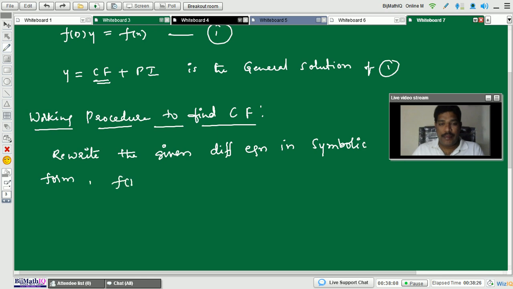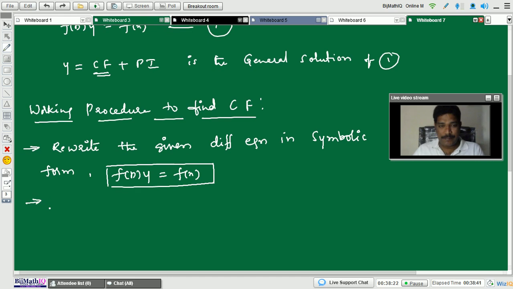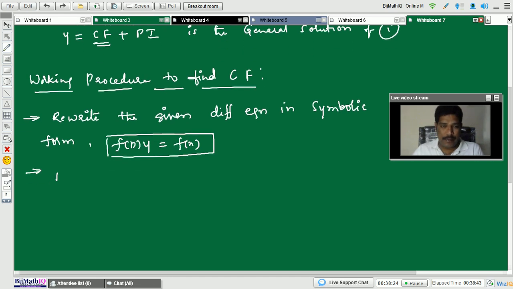What is symbolic form? F of D into y equals f of x. This is the symbolic form. After writing this equation in symbolic form, first take the function f of D. What is f of D?